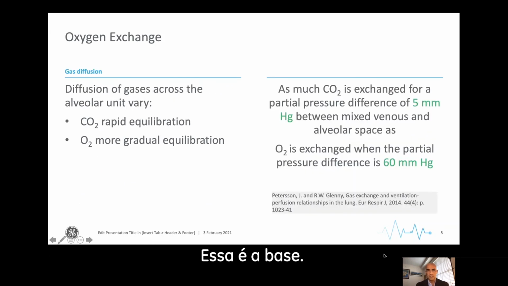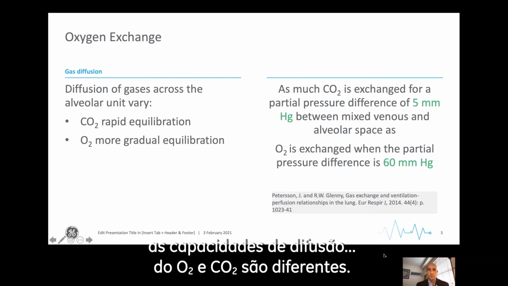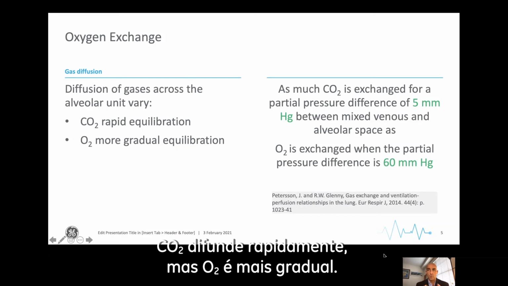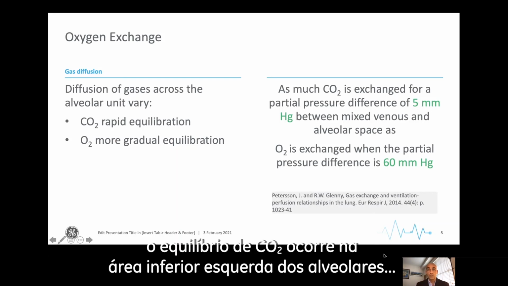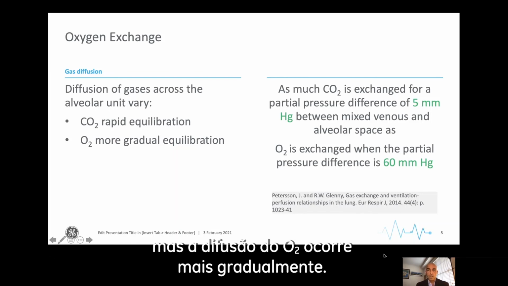Very foundational. Interestingly enough, the diffusion capabilities between oxygen and CO2 are different. CO2 diffuses quite rapidly, while oxygen is more gradual. Therefore, if you're remembering the graphic on the previous slide, CO2 equilibration occurs earlier, or to that bottom left area of the alveolar unit, while oxygen diffusion occurs more gradually.